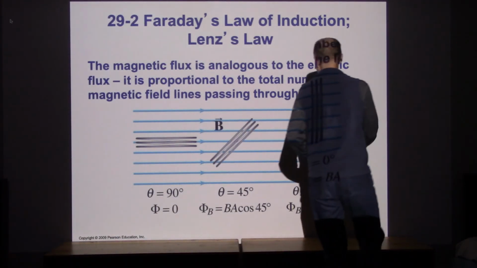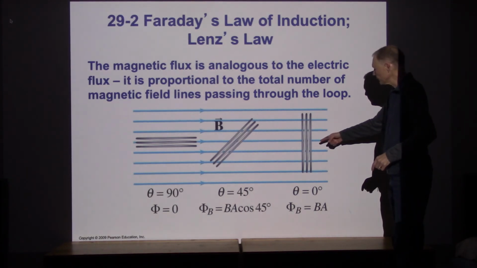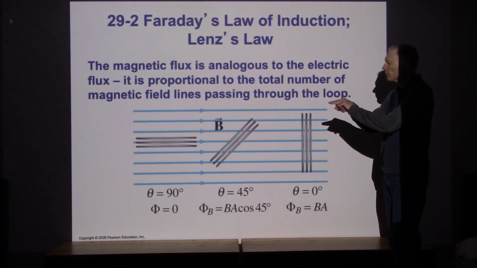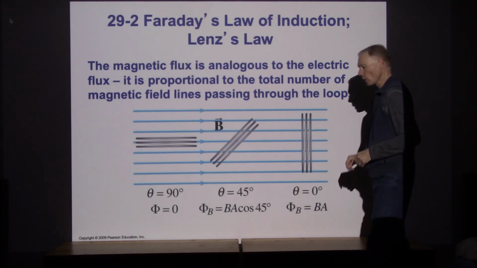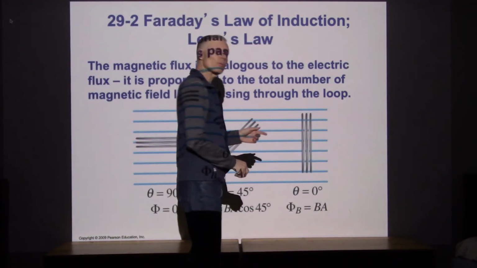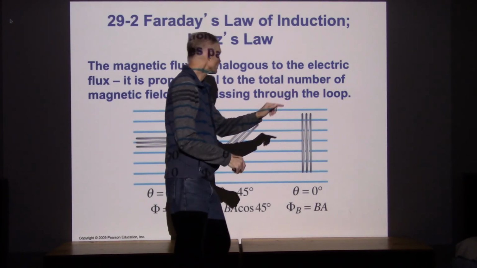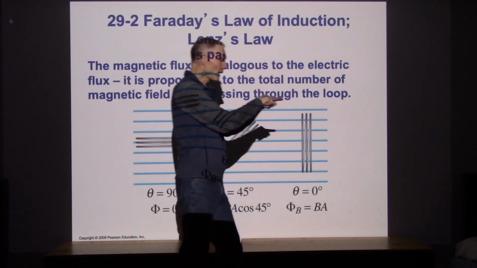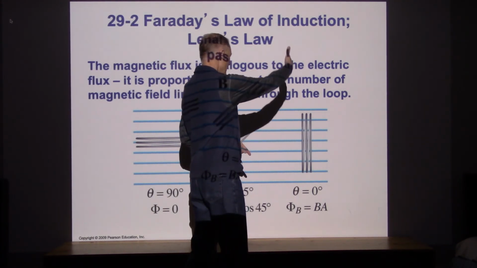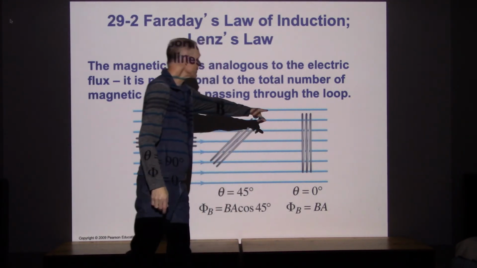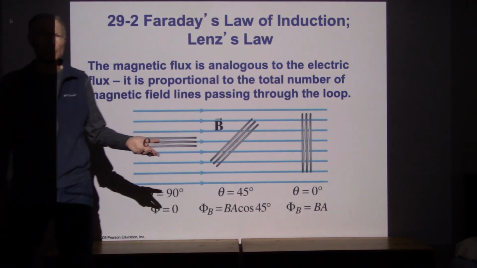And in this case, the area vector and the magnetic field vectors line right up. So 0 degrees. Oh, sorry, the magnetic field's the other way. So if the magnetic field is in this direction, I'm going to choose my area vector to be the same direction. And the area we're looking at is the plane that contains those loops. Maybe they're circular loops, right?